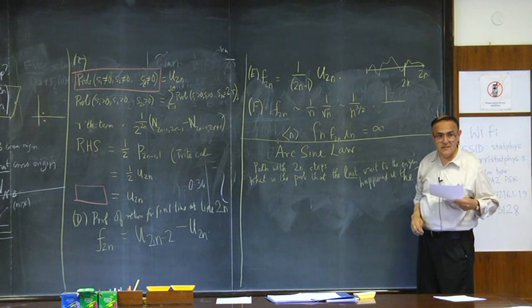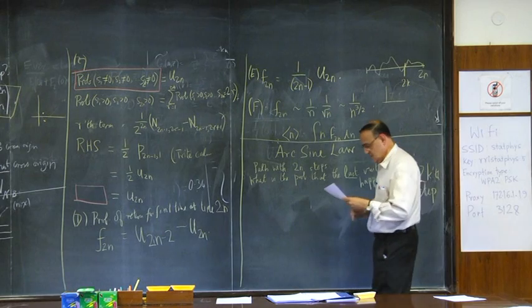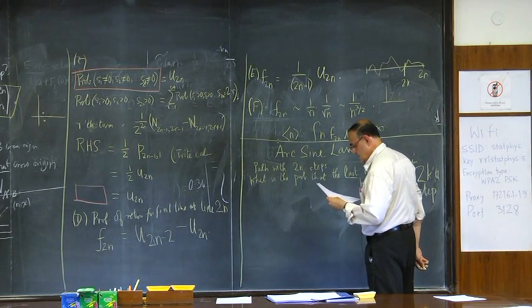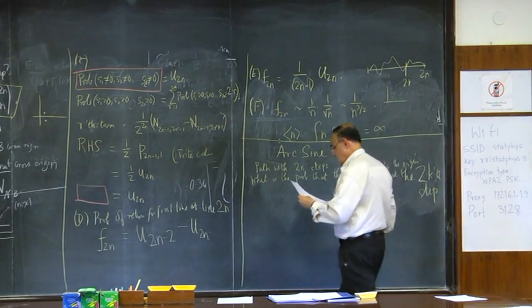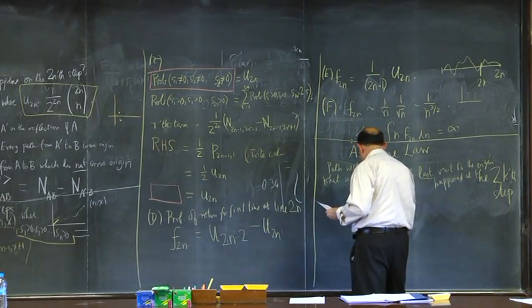Okay. Is the question clear? Okay. So the relevant paths are the ones in which S2k equals 0.